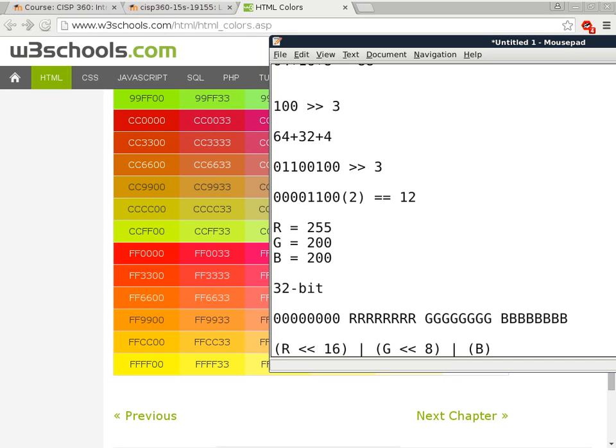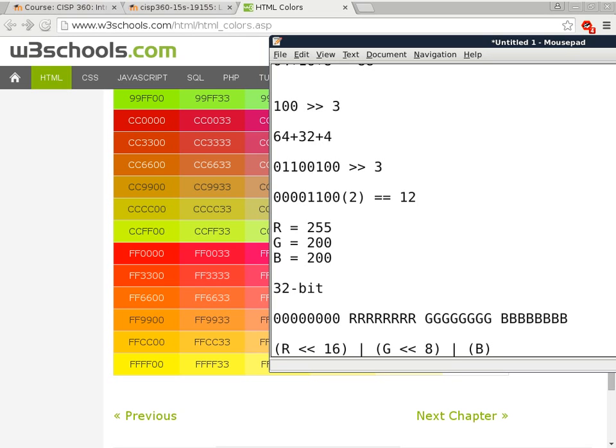And then this one is going to be G, followed by 8 zeros. But the bitwise OR is going to work out just fine because the component where G is supposed to go is going to be all zeros in this particular expression. So that's why this is going to work out, because by shifting, I'm introducing just zeros in the other bit positions, and so the bitwise OR operation is going to work out just fine.